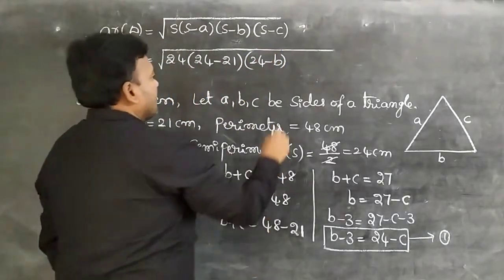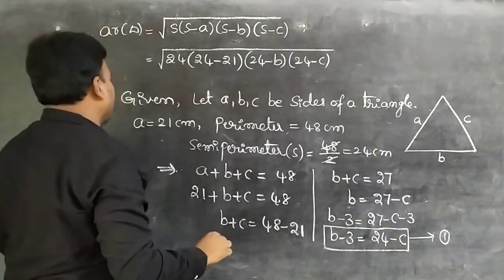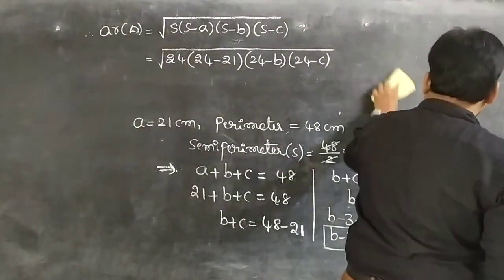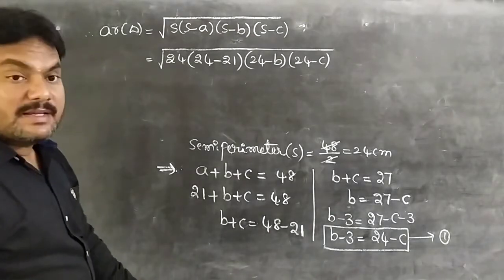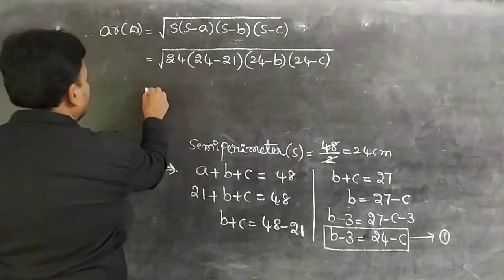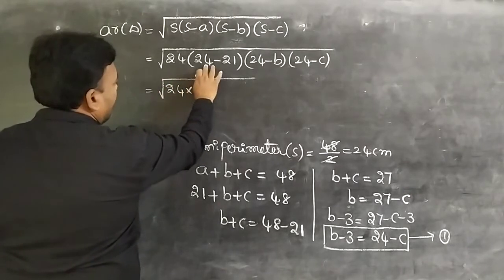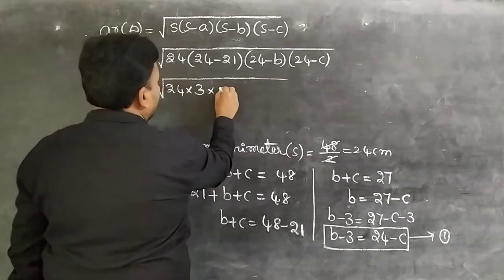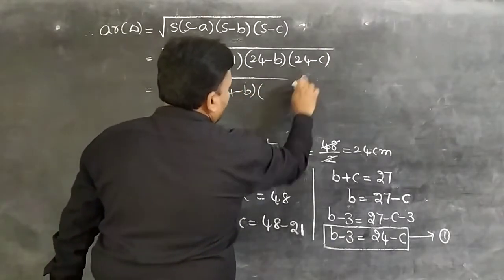And also S minus C means 24 minus C. So square root of 24 into 24 minus 21, nothing but 3, into S minus B, so 24 minus B as the same, and also here 24 minus C.